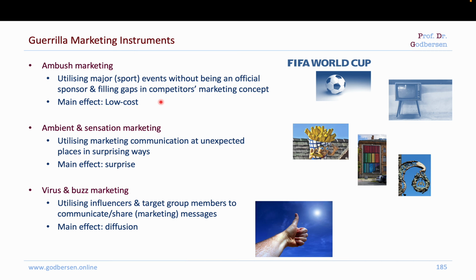Now, ambient and sensation marketing. What you do, you use public places and stage your brand there in surprising ways, what people do not expect. That is primarily going for surprise, like you have chips on a rooftop.